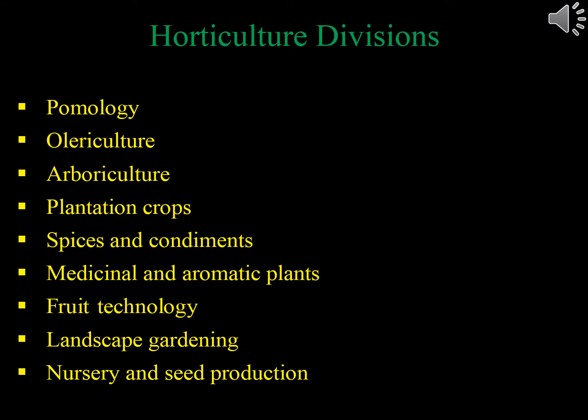Therefore, horticulture is subdivided into divisions as pomology, olericulture, arboriculture, plantation crops, spices and condiments, medicinal and aromatic plants, fruit technology, landscape gardening, nursery and seed production.